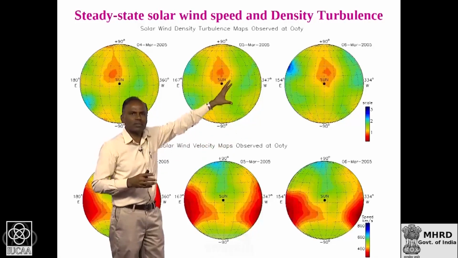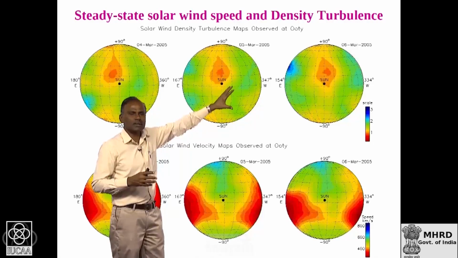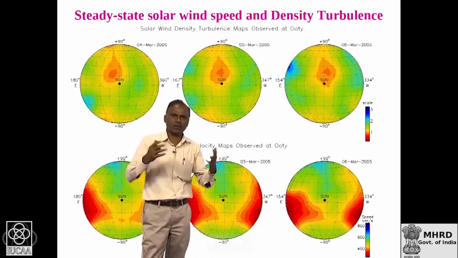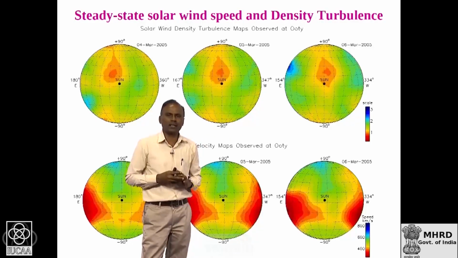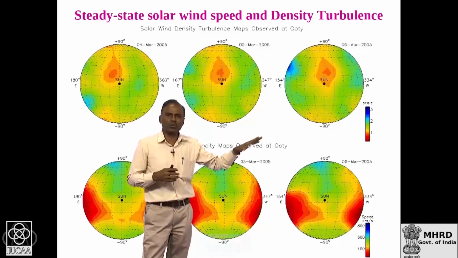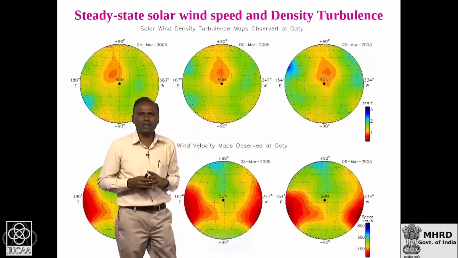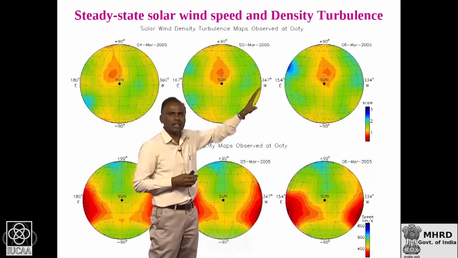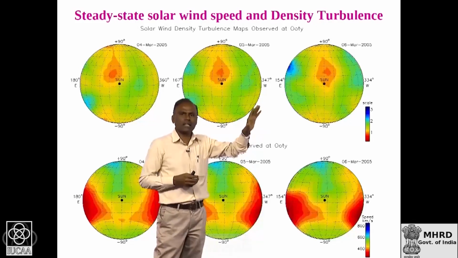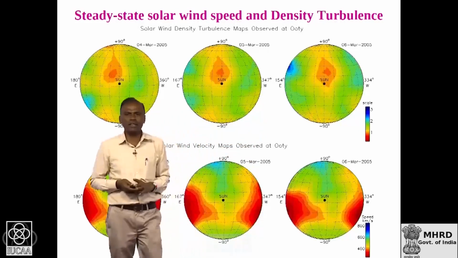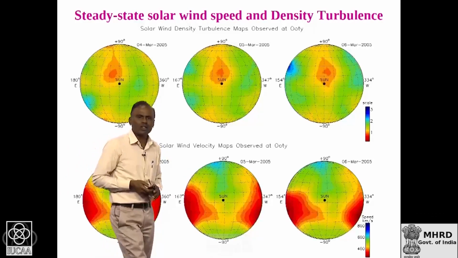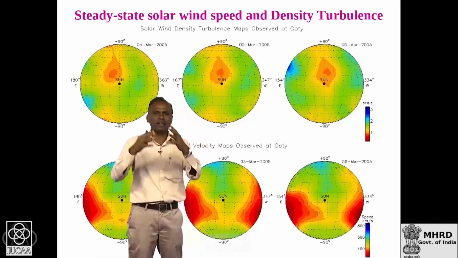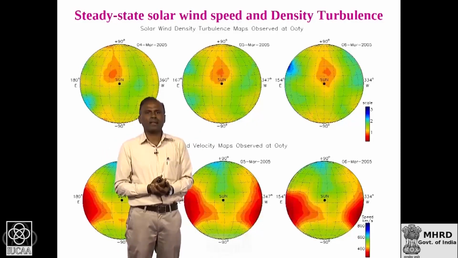These plots are from interplanetary scintillation observations from Ooty, and this is midway between sun and earth, about 0.5 AU away from the sun, where no spacecraft or other observing means are there to observe solar wind. So, this is 3 consecutive days, showing how the solar wind density is varying, and the bottom plot shows how the solar wind speed is varying. So, in 3 dimensions, solar wind has large structures.